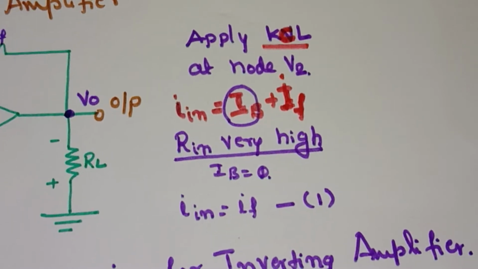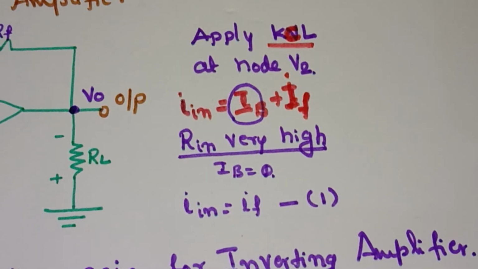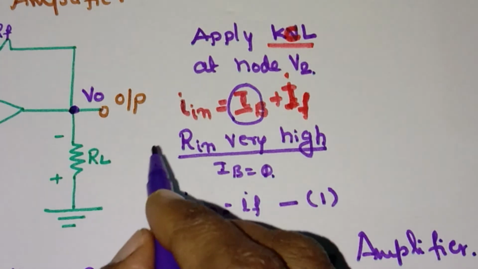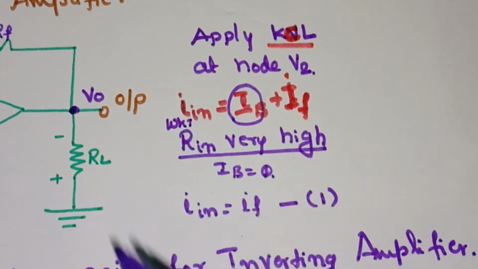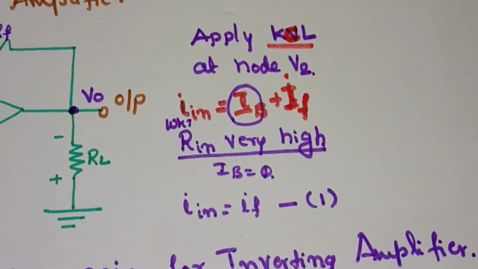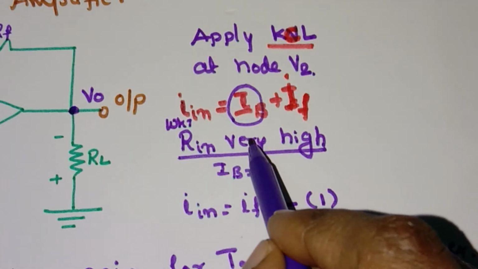Here we know that input resistance is very, very high. So the current is nearly equal to 0.